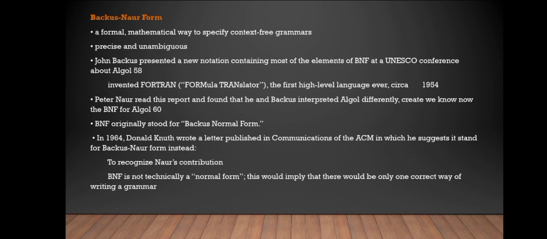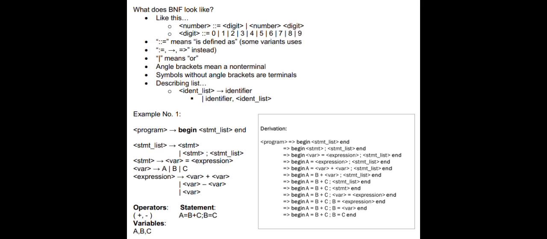First, to recognize Naur's contribution. Second, BNF is not technically a normal form, which would imply that there is only one correct way of writing a grammar. This is what a BNF looks like.